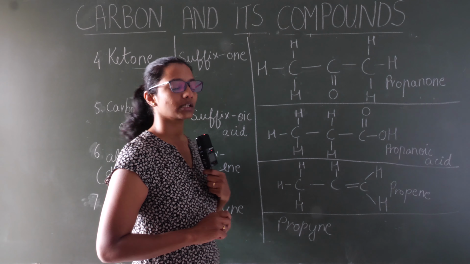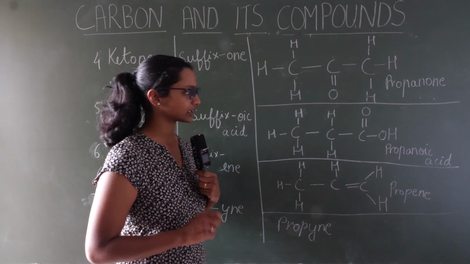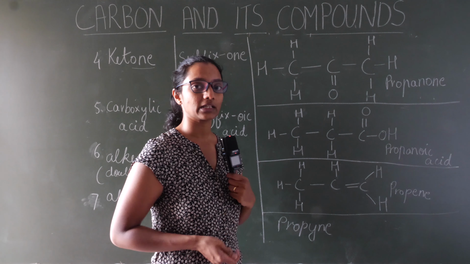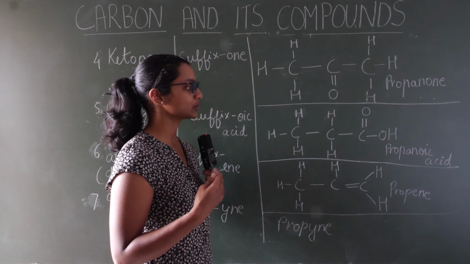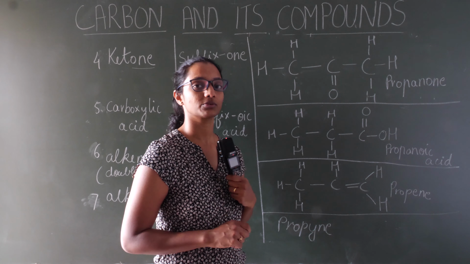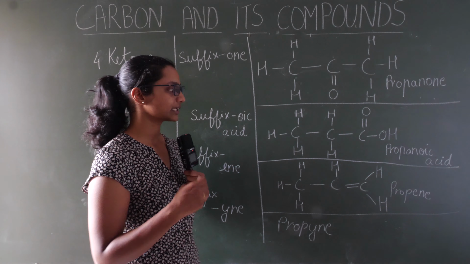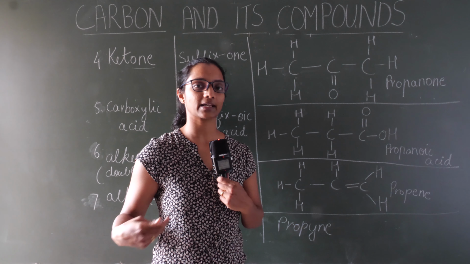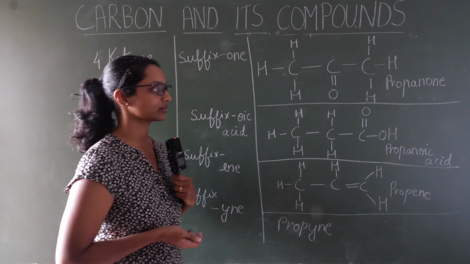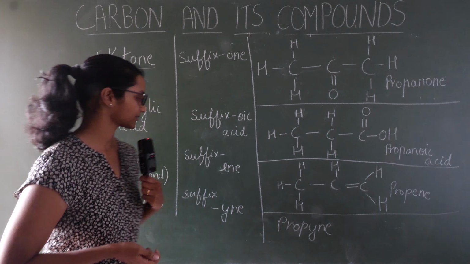It sounds a little difficult, but nothing to get confused. If you understand the meaning behind it, if you do it stepwise, then definitely you will be able to name it. So keep practicing, go through several examples, and that's how you will understand how it needs to be done.